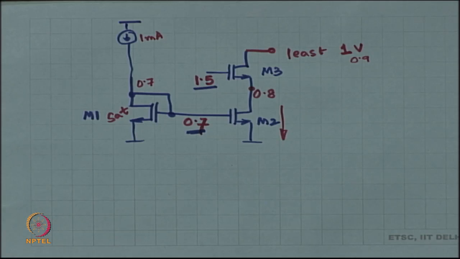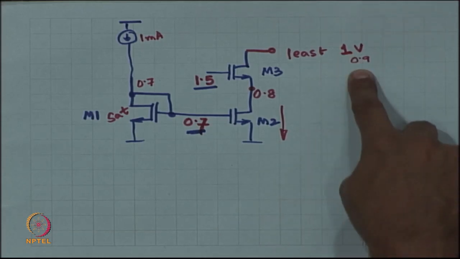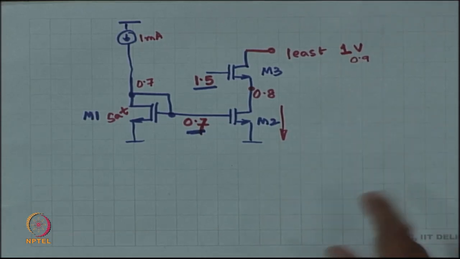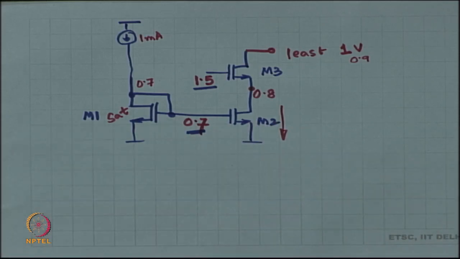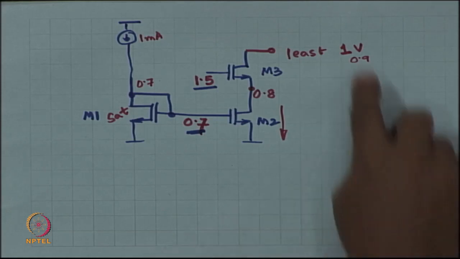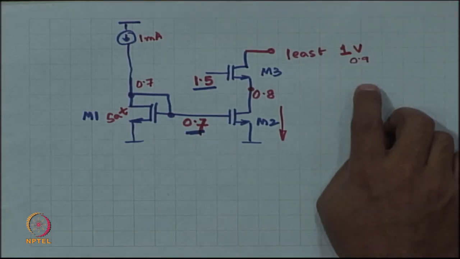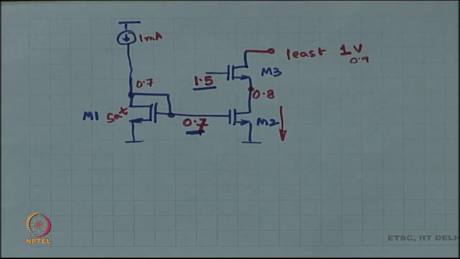So, that is very nice, right. So, this degradation is very graceful, right. You will find that you can go down to 0.9, then 0.8, 0.7, 0.6, it is still going to conduct the same amount of current, right, just that the impedance now is dropping, right. The amount of incremental change that you are going to get is going to be more, the output impedance is going to drop, but the degradation is very graceful.